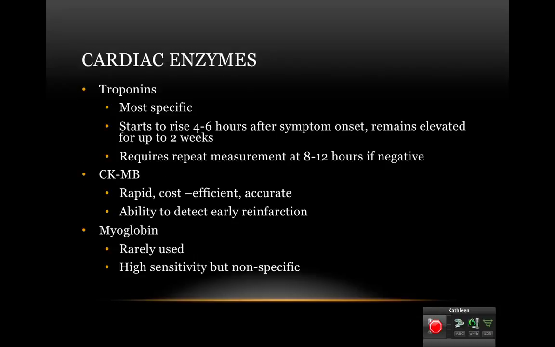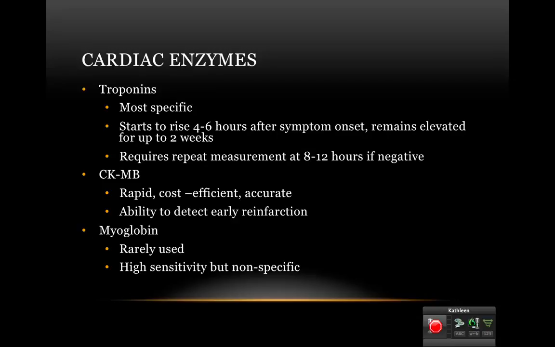Cardiac enzymes are troponins. Most specific starts to rise in 4 to 6, actually 3 to 6 after onset. First set of troponins we get when they walk in, and then 3 hours later, 2 sets of troponins. The thing is, these can remain elevated for up to 2 weeks. Requires repeat measures in 8 to 12 hours if negative.